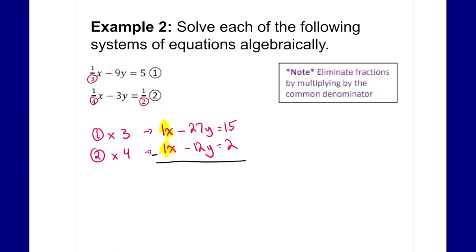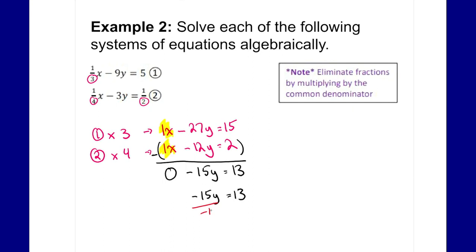So 1x minus 1x becomes 0, negative 12y minus, and if it helps with the minus to put brackets, negative 27y minus negative 12 is the same thing as saying negative 27 plus 12 becomes negative 15y, and negative 15 minus 2 becomes 13. I'm going to solve for y. Right, because I just have negative 15y equals 13.